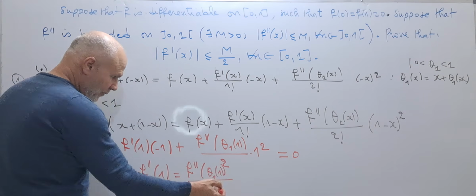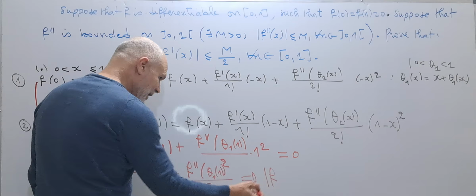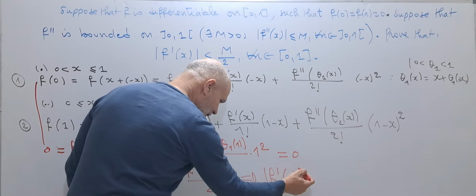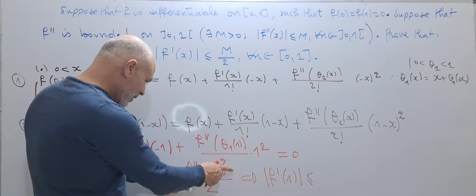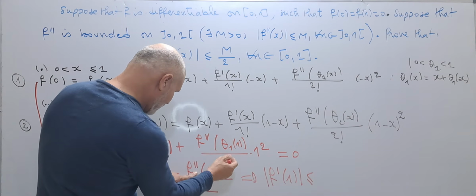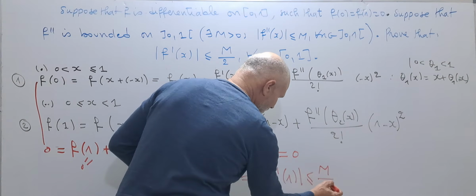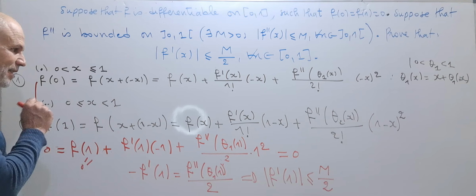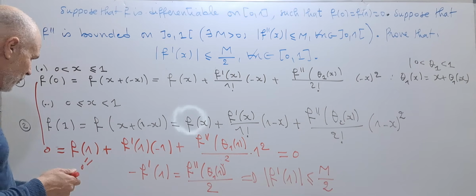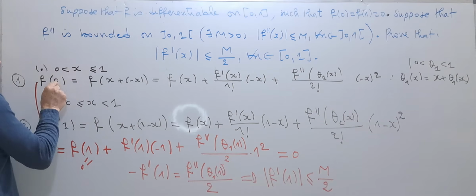From this we can deduce that the absolute value of f prime at 1 is less than or equal to the maximum of the function, so f prime of 1 is less than or equal to m over 2. And we deduce this from this formula.